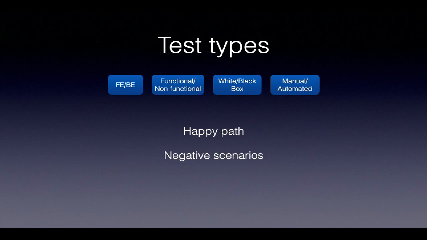Frontend and backend is basically the tests that we apply or that we create for the UI and for the backend, which is basically the application that is connected with the UI and it is maybe connected with a database. Functional and non-functional.